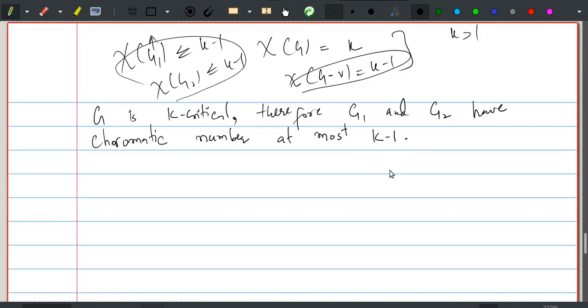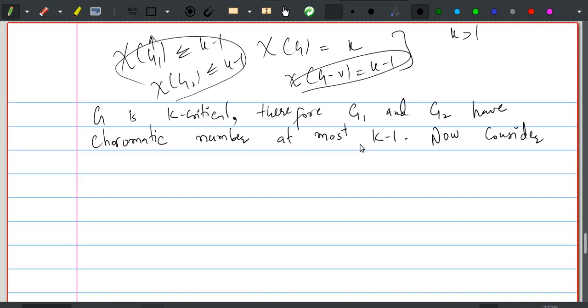Now let us consider a k minus 1 coloring of G1. To color the vertices of G1 such that no two adjacent vertices get the same color, we need at most k minus 1 colors. So if we are given k minus 1 colors, we are good. There is the possibility that with fewer than k minus 1 colors we may also get a coloring.